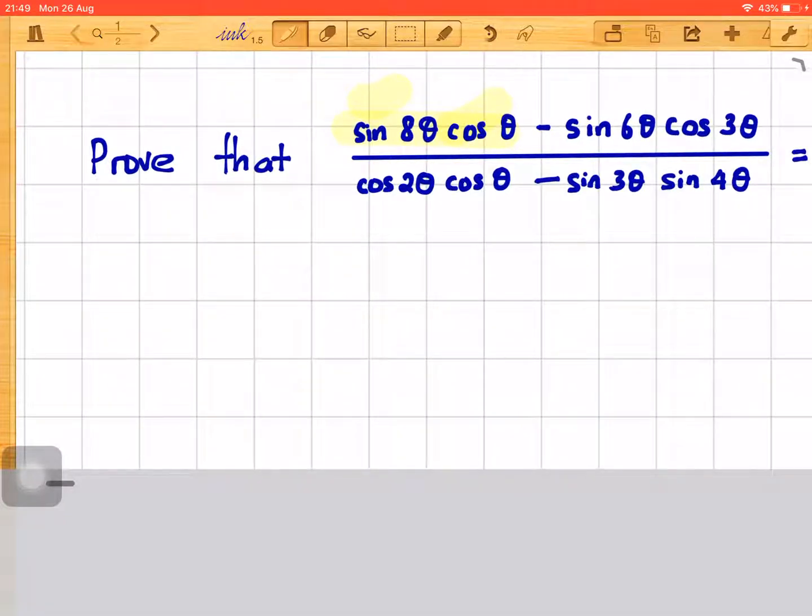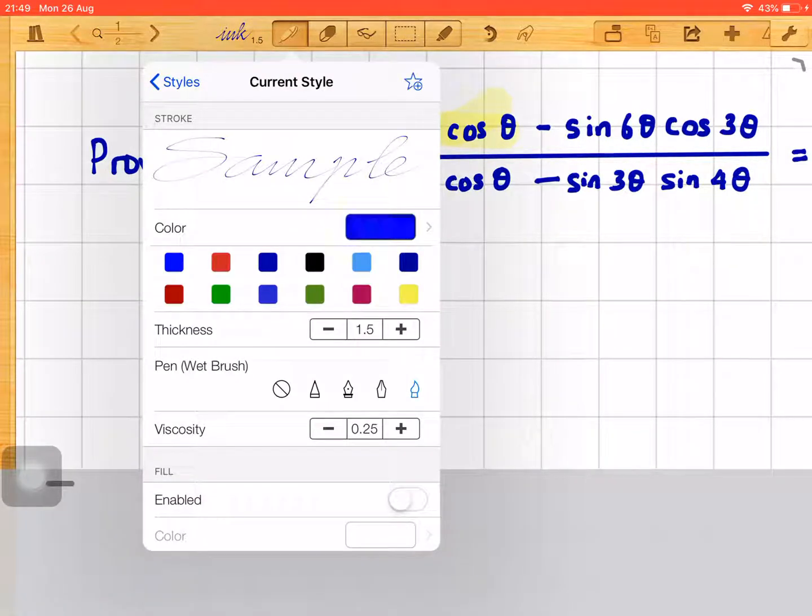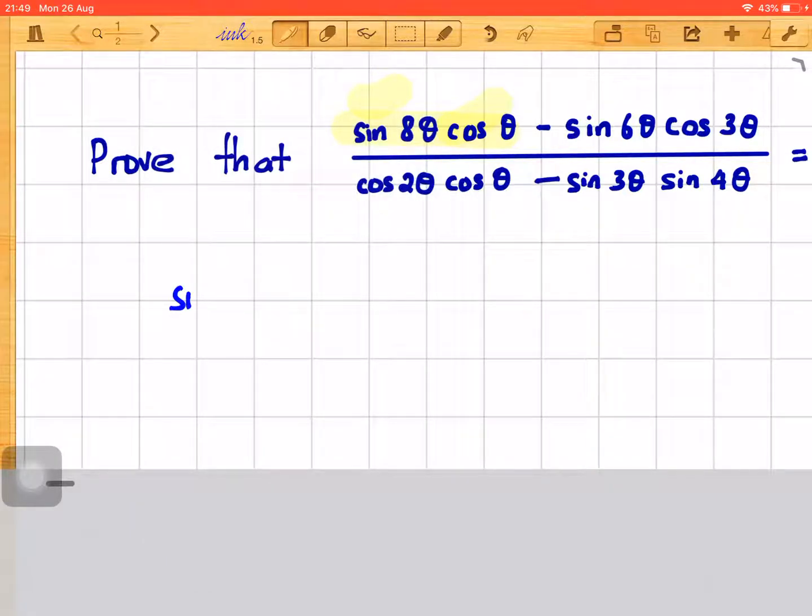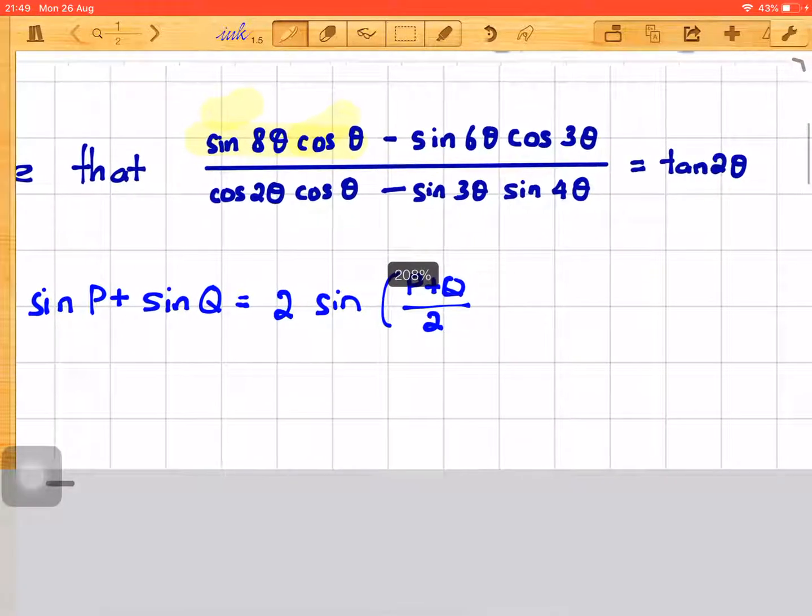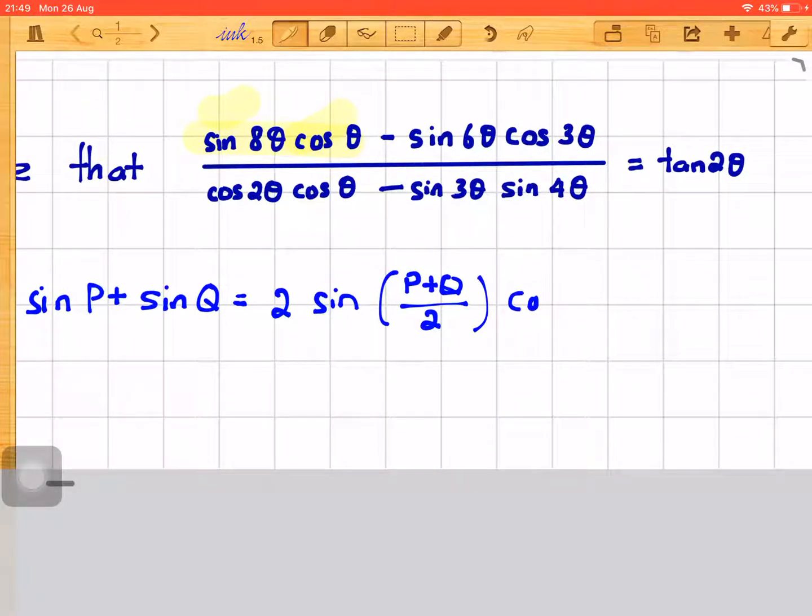You have to use the equation where sine p plus sine q is equal to 2 sine (p plus q) over 2 times cos (p minus q) over 2.